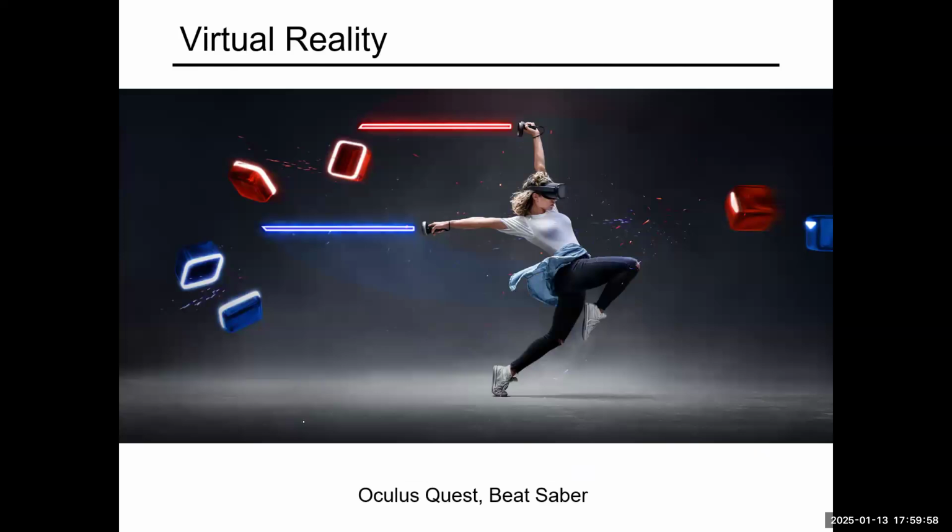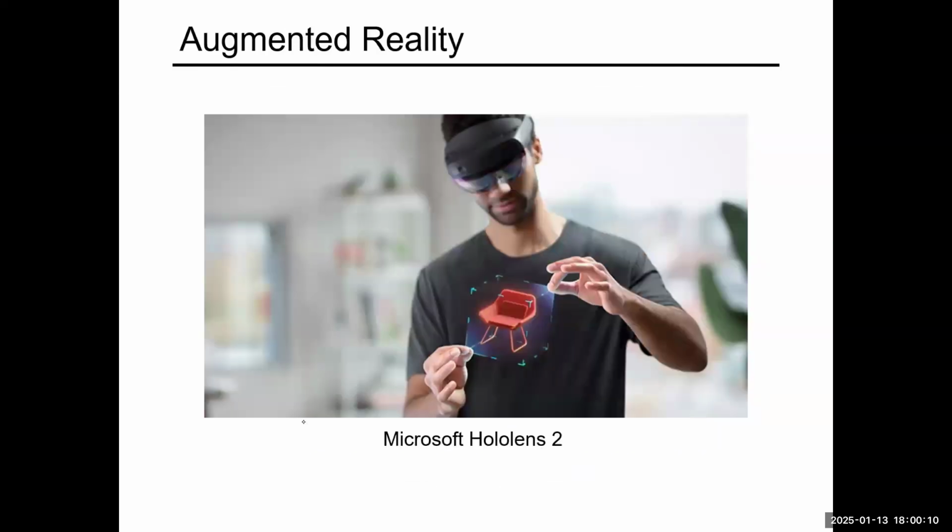But now we have the modern gaming consoles, which are virtual reality and augmented reality. And the HoloLens, I'm not sure if any of you worked with the HoloLens before? Yeah, I know it's expensive. So HoloLens is one of the goggles developed by Microsoft, and it's the state of the art of augmented reality.